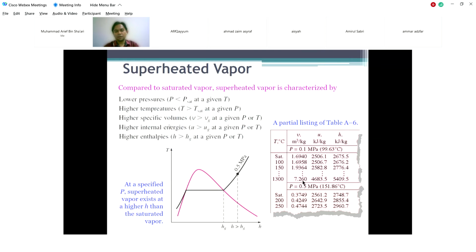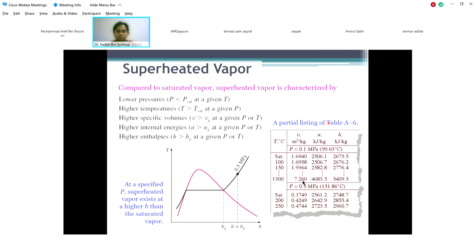Before I forget, for the case of superheated vapor, we have to use table A6. Turn to table A6 and look at the title. It states that the title of table A6 is superheated vapor.